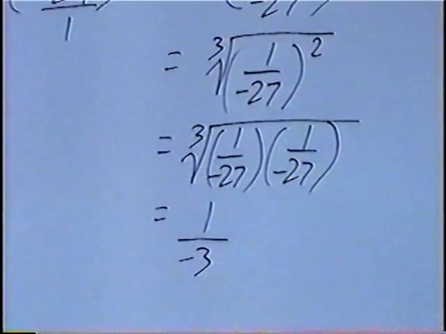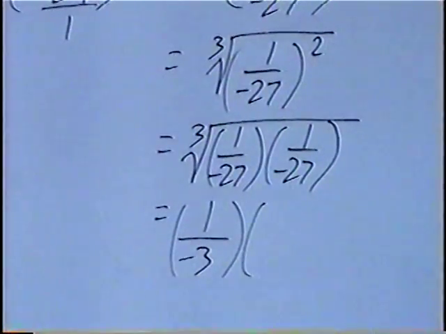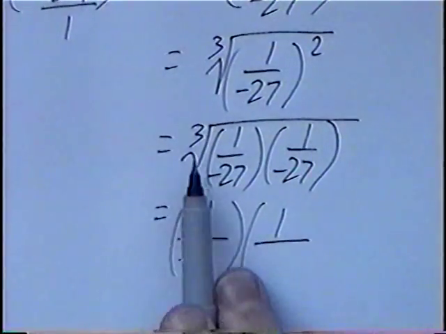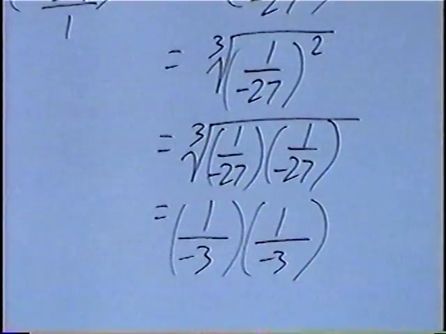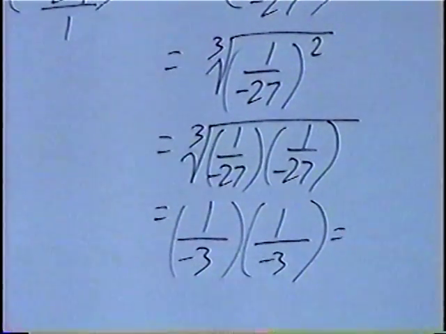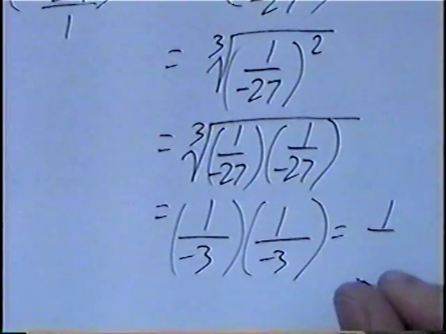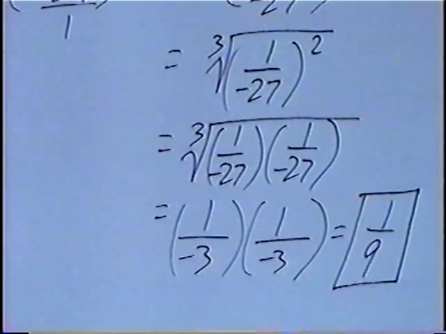And that number would be negative 3. And the second fraction, since it's the same fraction, will be the same answers. The third root of 1 would be 1, and the third root of negative 27 would be negative 3. After taking the third root, we can multiply the fractions. Multiplying straight across will give us the answer of 1 over 9.